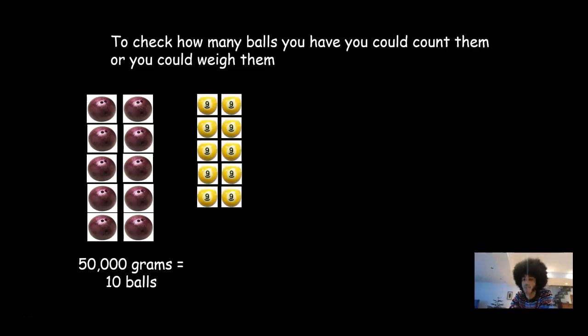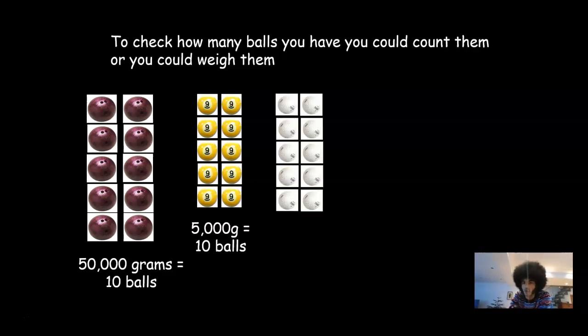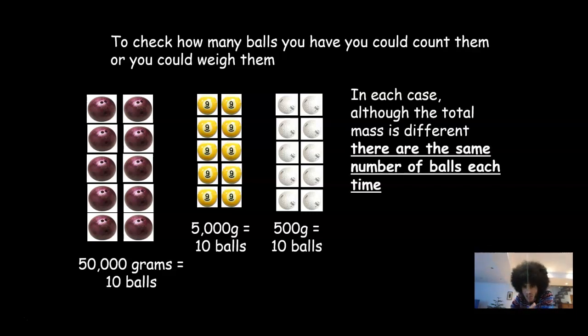I could also have 10 pool balls, each one 500 grams, so 10 of those is 5,000 grams. And 10 golf balls, that's 500 grams, because you've got 10 lots of 50. So you can see that in each case, each individual ball weighs more or less than another. Therefore, if you have 10 lots of each, the difference in mass gets greater or smaller. But the key thing they all have in common is that there's always 10 of each ball.